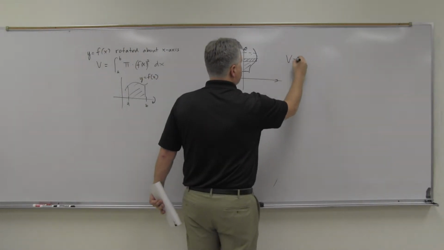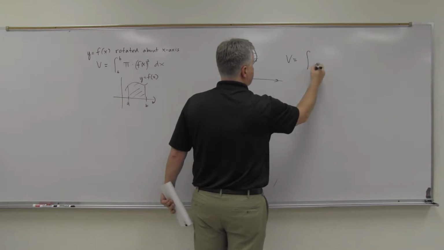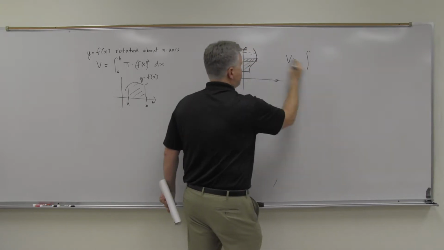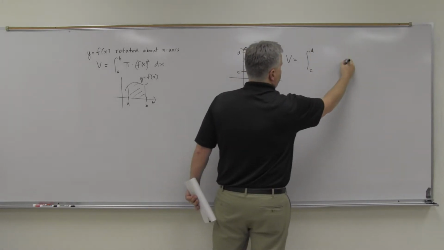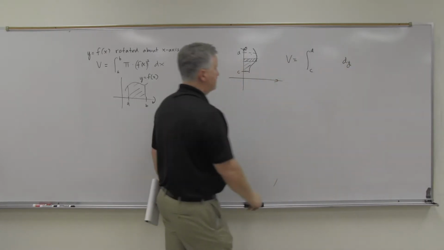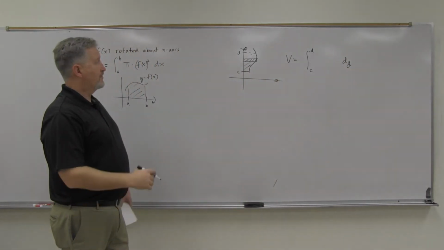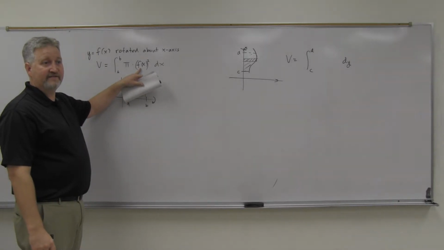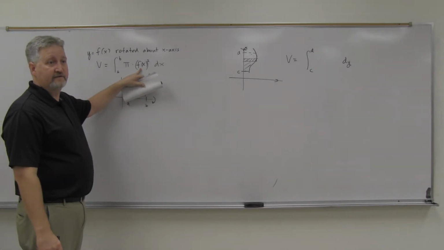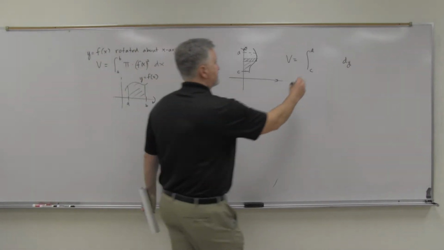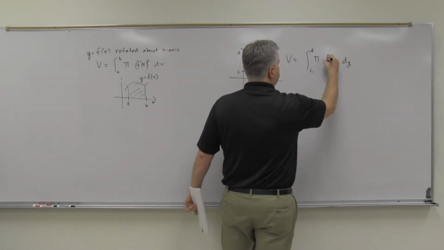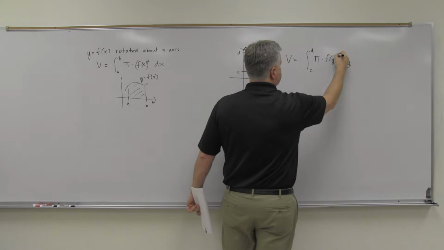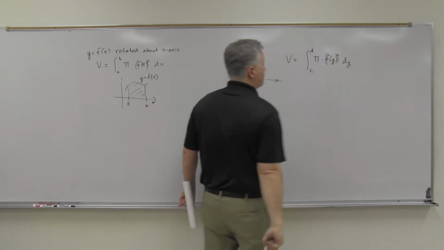And so to get the volume of that, that's going to be the integral from c to d. And I'm going to integrate with respect to y. And so my formula is going to change. Instead of a function of x, it needs to be a function of y, because I'm integrating with respect to y. So it's going to be pi times f of y squared dy.